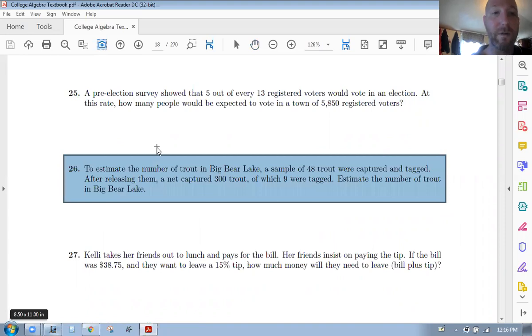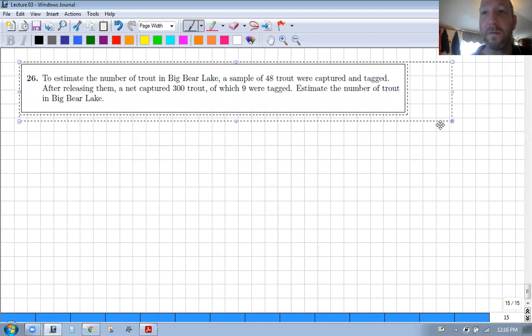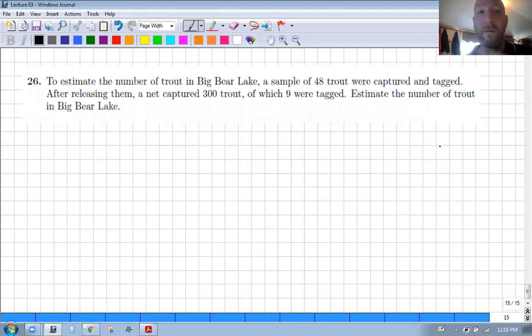Try one more here. To estimate the number of trout in Big Bear Lake, a sample of 48 trout were captured and tagged. After releasing them, a net captured 300 trout. 9 were tagged.